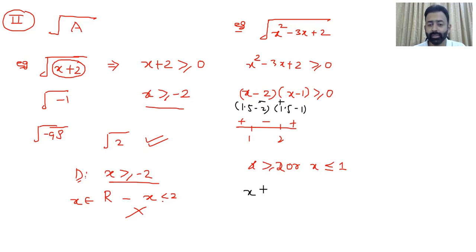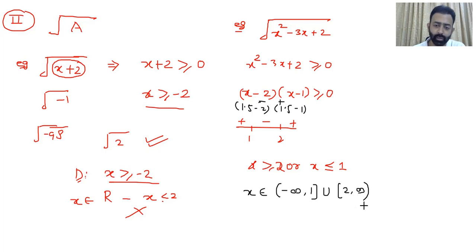So we can write this in terms of parentheses this time, that x belongs to (minus infinity, 1], where 1 is included. You can write this with a square bracket, union, because "or" indicates union, x should be greater than or equal to 2. Okay, so 2 is included, and infinity is always written with parentheses.